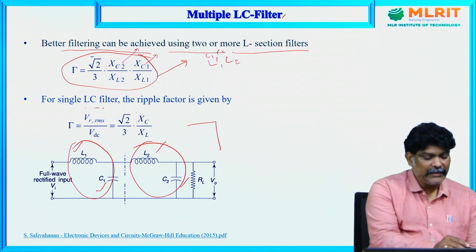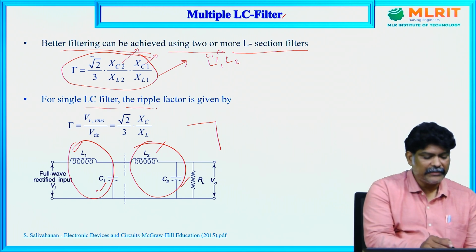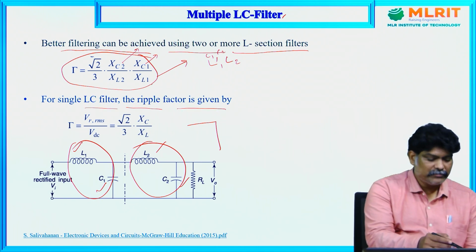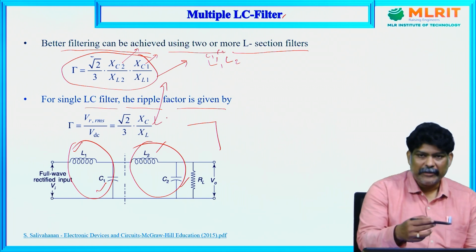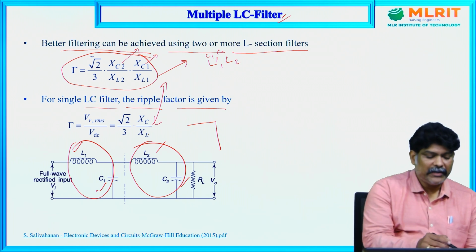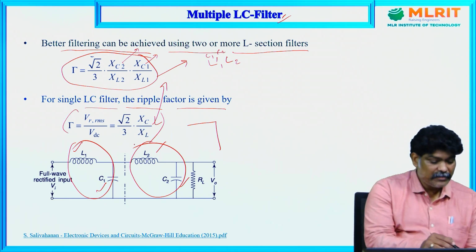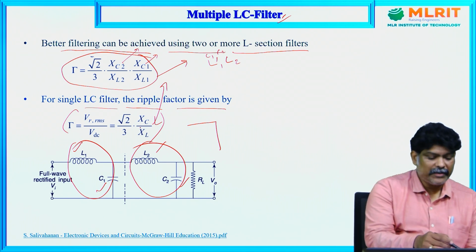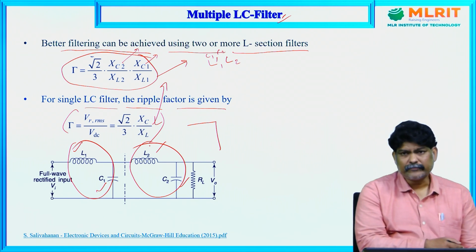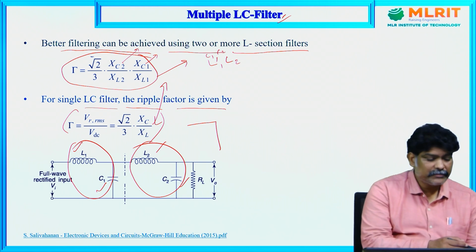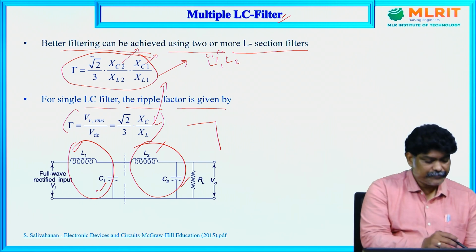Similarly, for a single LC filter, the ripple factor is given, so this is for contrast. For comparison of the multiple LC filter with the single LC filter, we have written VR RMS by VDC equals root 2 by 3 XC by XL. So the combination will improve the filtering further.